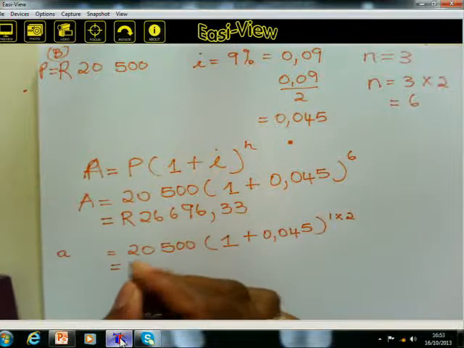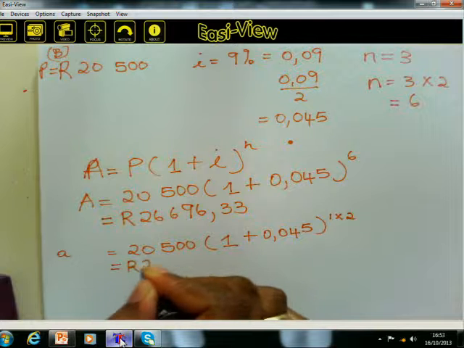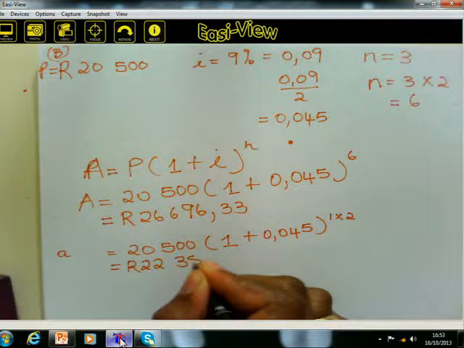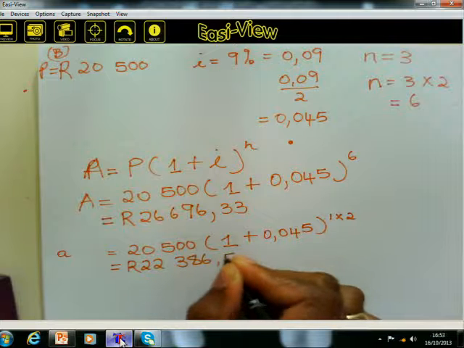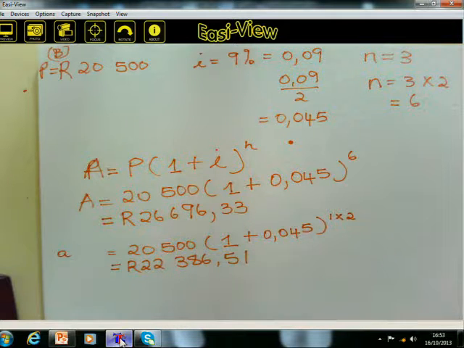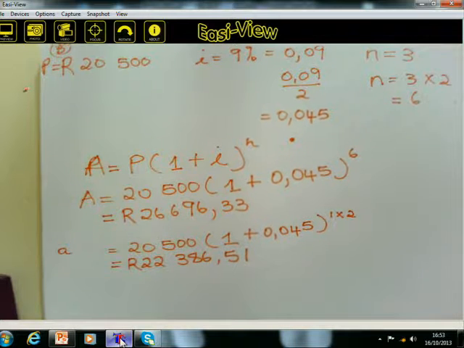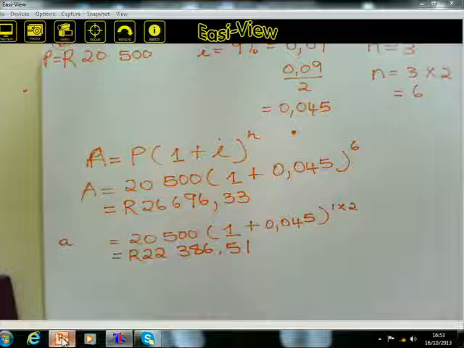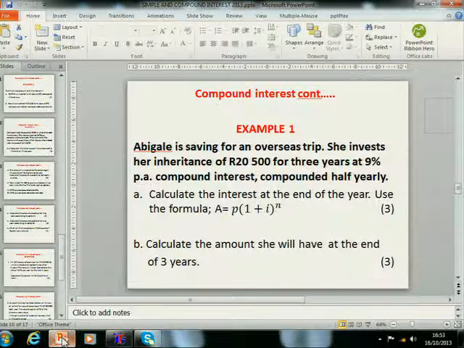So let's write that down: 22,386 rand 51 cents. So now we've answered A as well as B. Let's move to our next question.